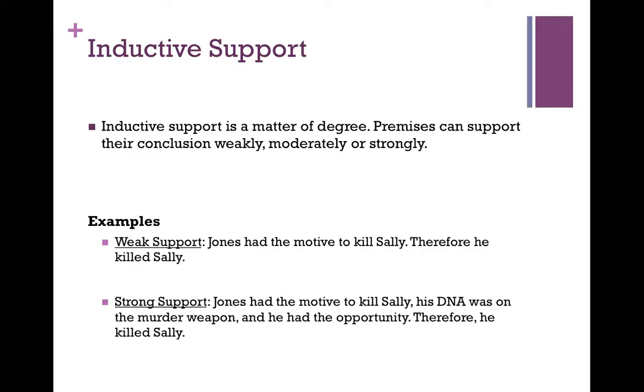And the reason I say that is because there would still be a possibility, no matter how thin a possibility it is, that all of those things occurred and yet he wasn't the killer. So maybe he had the motive, but like we said, that doesn't really matter. Maybe his DNA was on the murder weapon because it was planted. Maybe he had the opportunity, but so did 100 other people. Maybe he gave a false confession. Maybe the person caught on camera was not Jones, but the video footage had been doctored.